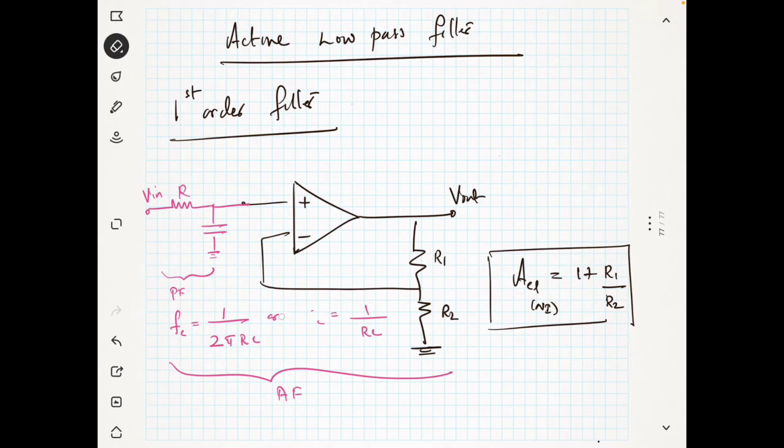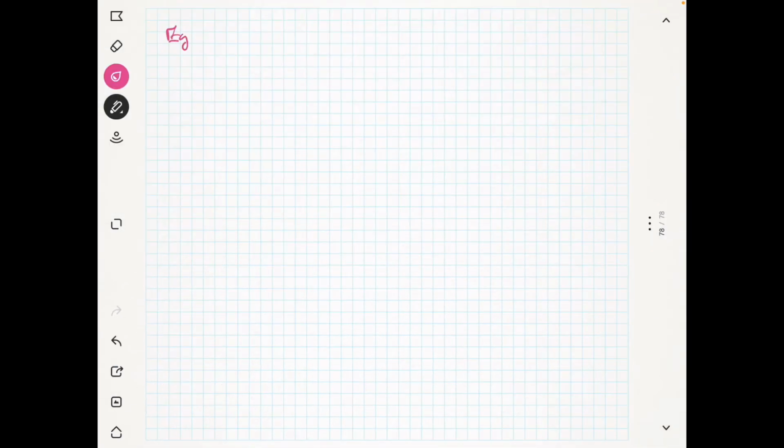So anyway, this is your cutoff frequency. So it's a very easy thing. You just need to select some value for R and C. Then you can design a filter. I hope this is clear to you. So we will see an example now.